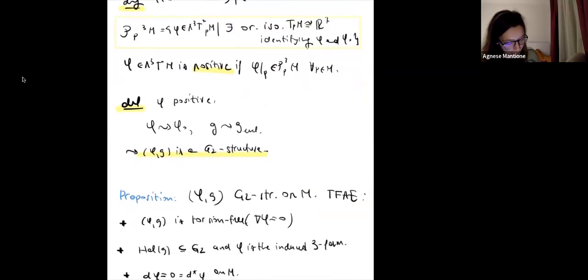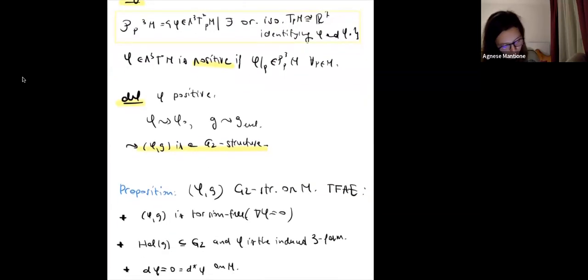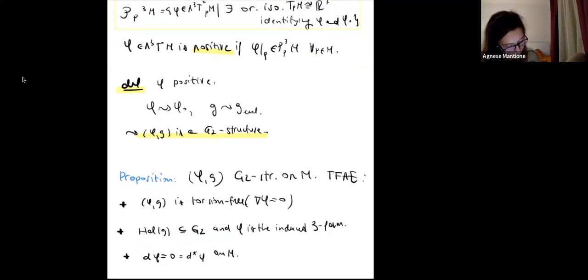Okay, and at this point, as we said before, torsion-free G2 structures correspond to holonomy in G2, but what was known and then has been shown by Bryant is that this is also equivalent to asking for the form to be closed and co-closed. However, this is a nonlinear equation because this star is defined from the metric, which again depends on phi.